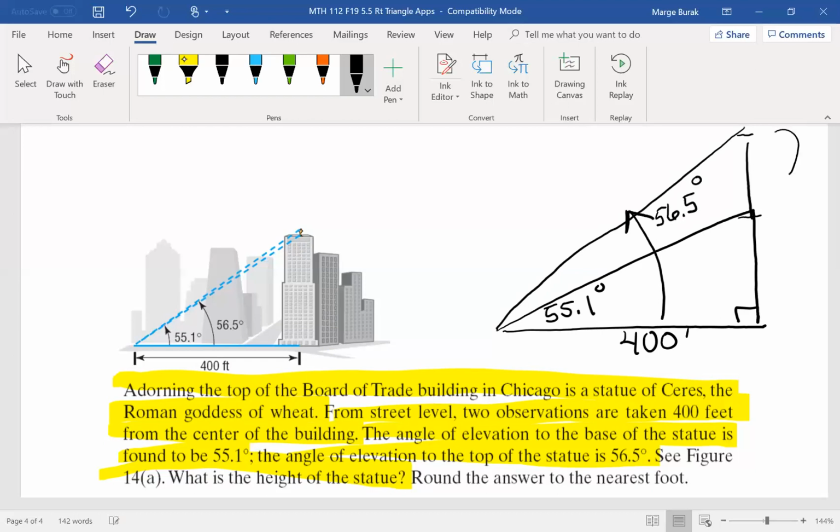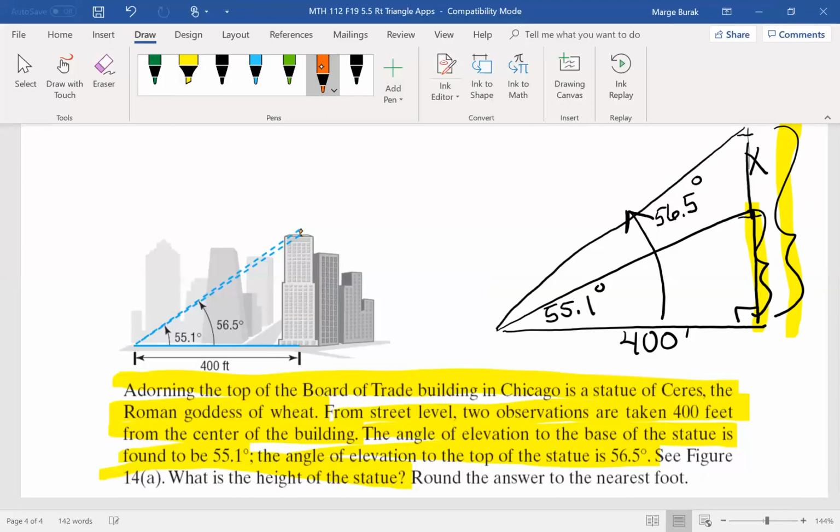So the bigger one is that big, and the smaller one is this one. This is what I want to know, the height of the statue in between those two. So if I found the distance of the large one, like right here, and then I found the distance of the smaller one and subtracted them, I could get the height of the statue. Okay, so that's the plan.